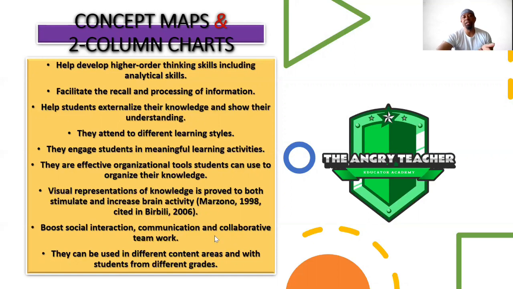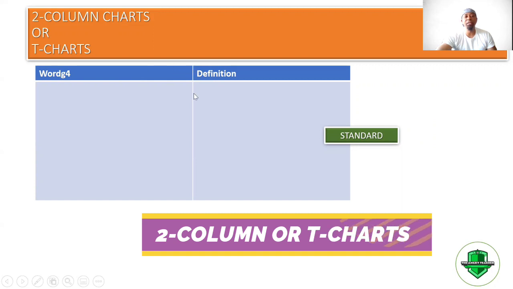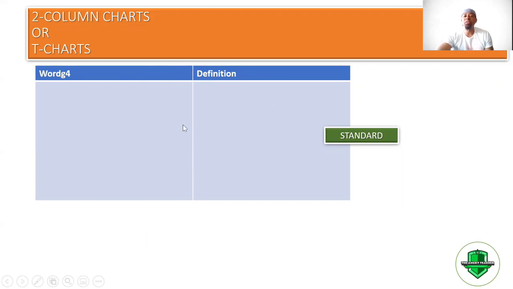And these are some of the things that in any case, there are the 2-column charts, also known as the T-charts. Why? Because you can see here, you have the topic at the top, and then there's a line going through the section, the middle, that makes it look like a T. On either side of this T, you have whatever you want the kids to get from your lesson or the activity.